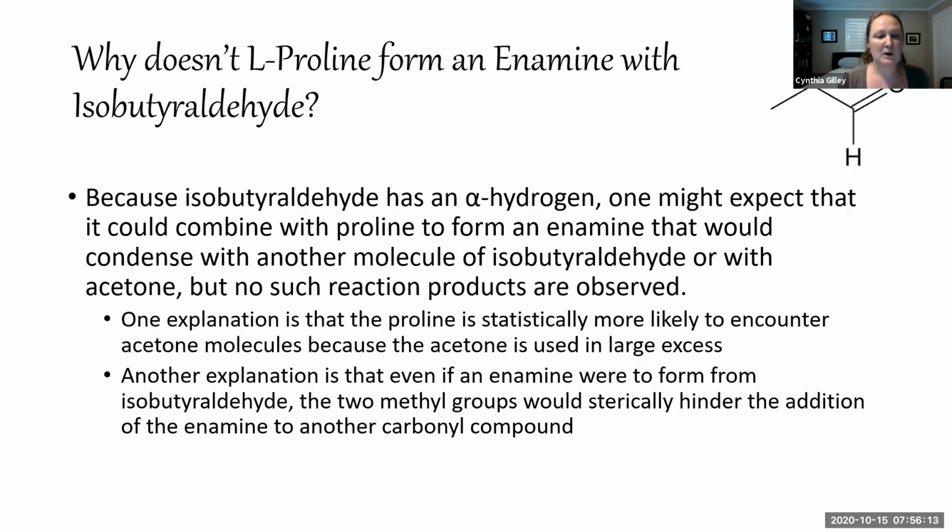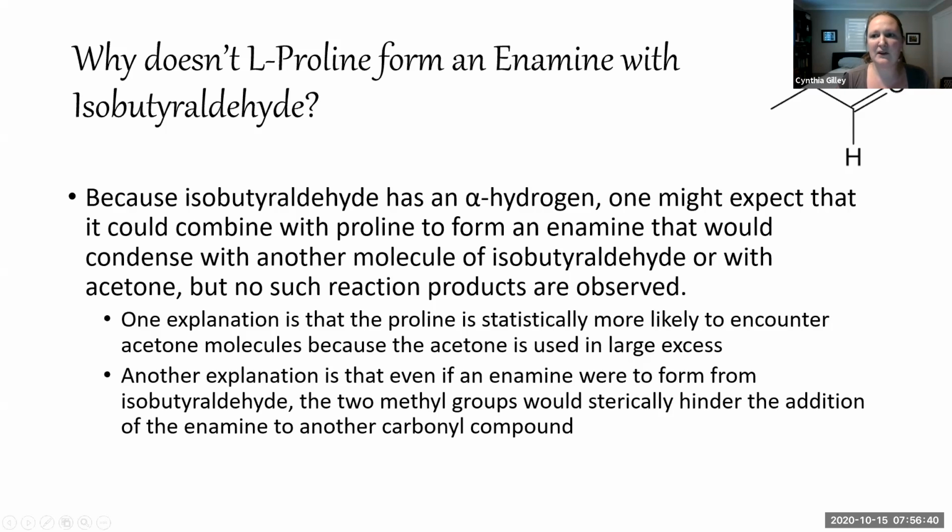We just talked about one reason: there's a large excess of acetone being used, so that's really helpful to outcompete the isobutyraldehyde. It could form, as we talked about, but once you form an enamine with the isobutyraldehyde, the enamine is much more sterically hindered than an enamine with acetone.